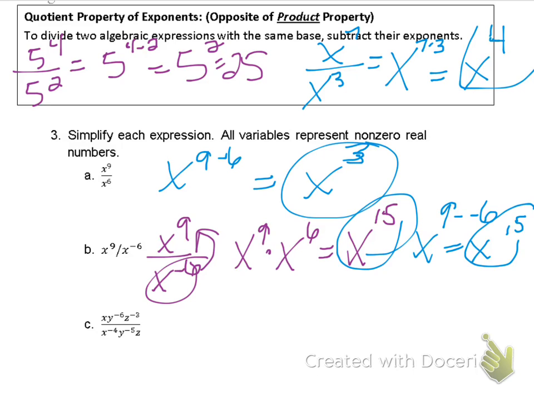Okay, and this last example looks scary, but all we need to do here is find the x's that are the same, which we have x and x to the negative 4. So that would be x to the 1st power divided by x to the negative 4th power, so minus negative 4. And then we have y's.